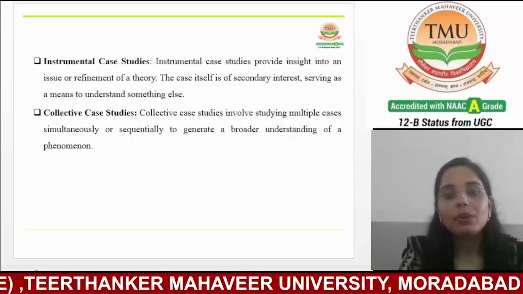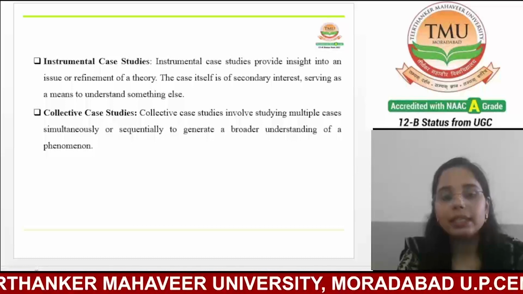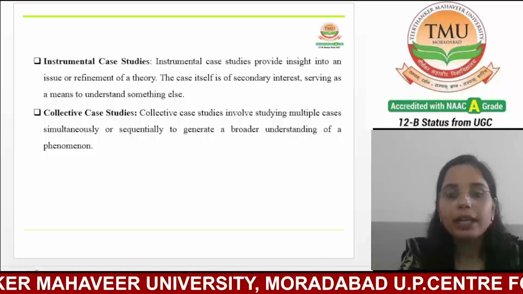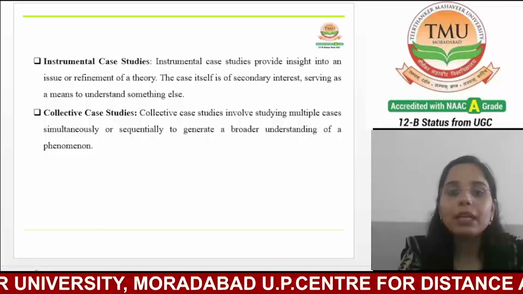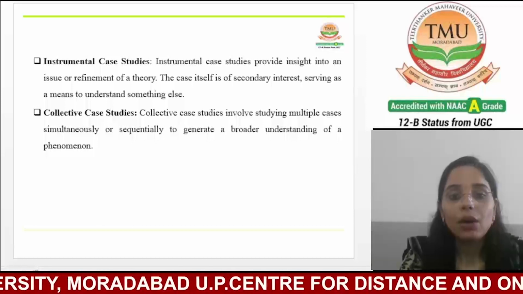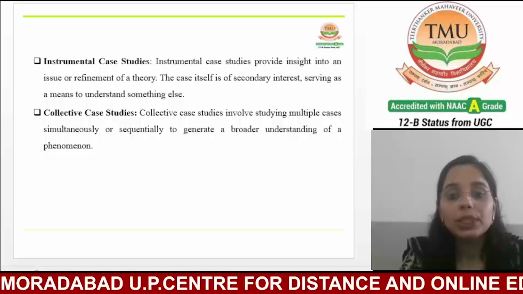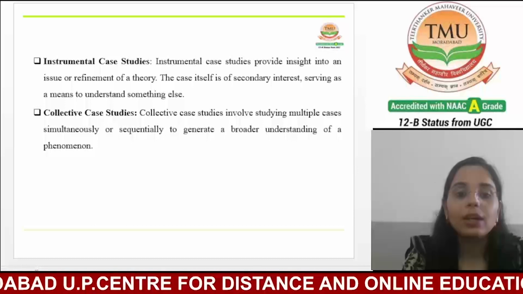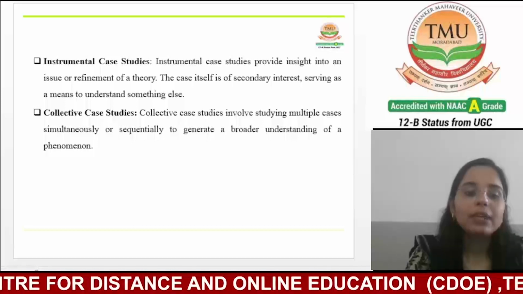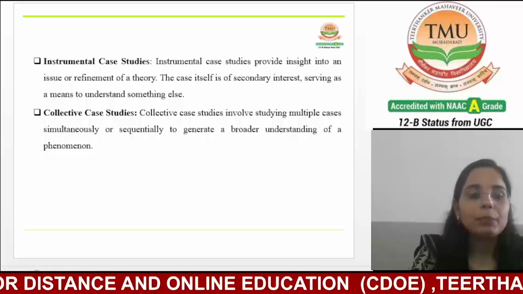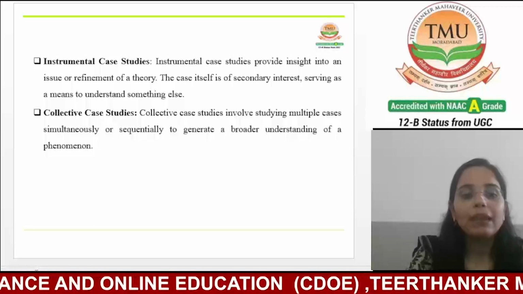Collective case studies involve studying multiple cases simultaneously or sequentially to generate a broader understanding of a phenomenon. A collective case study is like putting together a photo album.